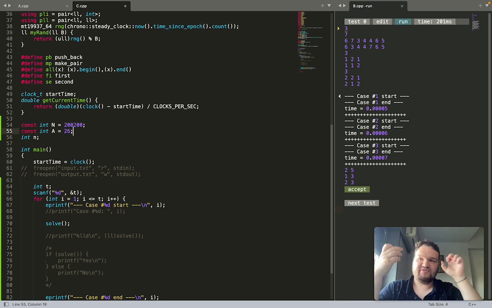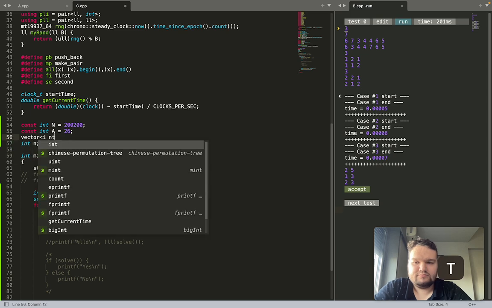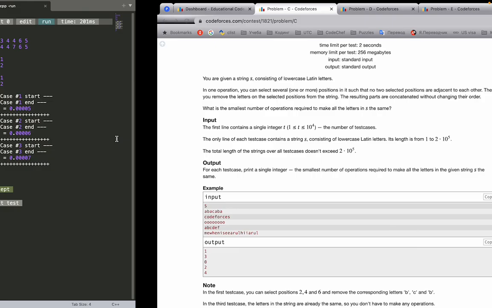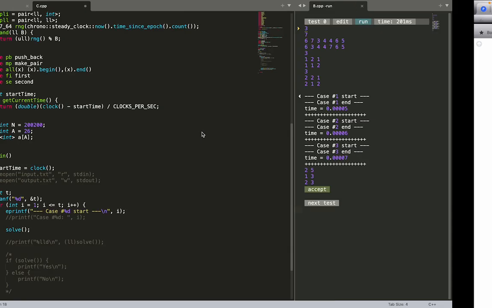Every substring I have to remove is a substring between 2 consecutive occurrences, and that will work in linear time in total. Well, I guess linear plus the size of the alphabet, because we have multitest, so it's kind of important.